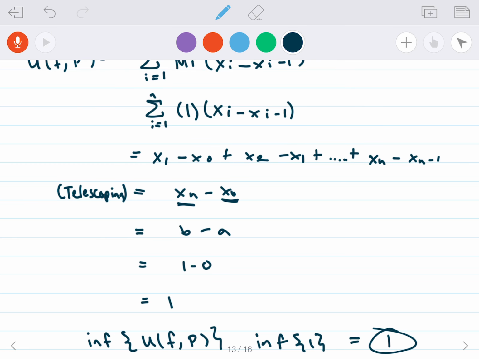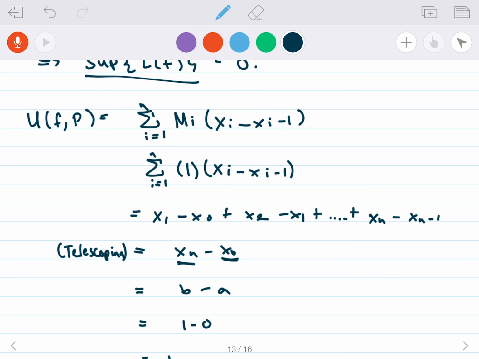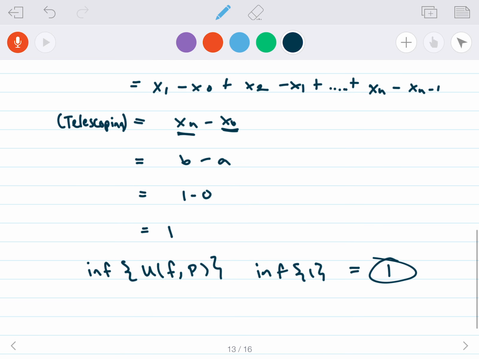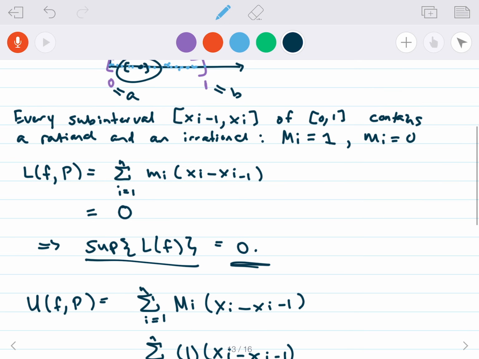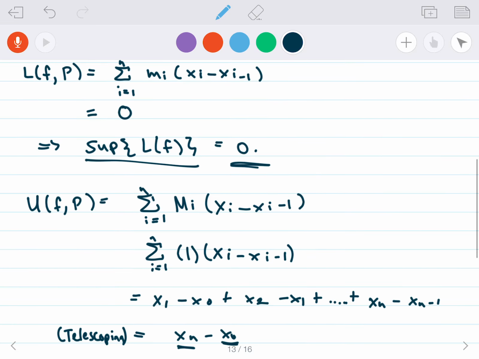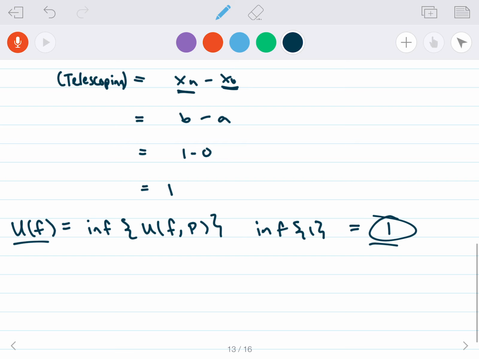Okay, and so we have that this is equal to the upper integral. So the upper integral is 1, but the lower integral was 0. Now the upper and lower integral need to match. So since they do not, this function is not integrable.